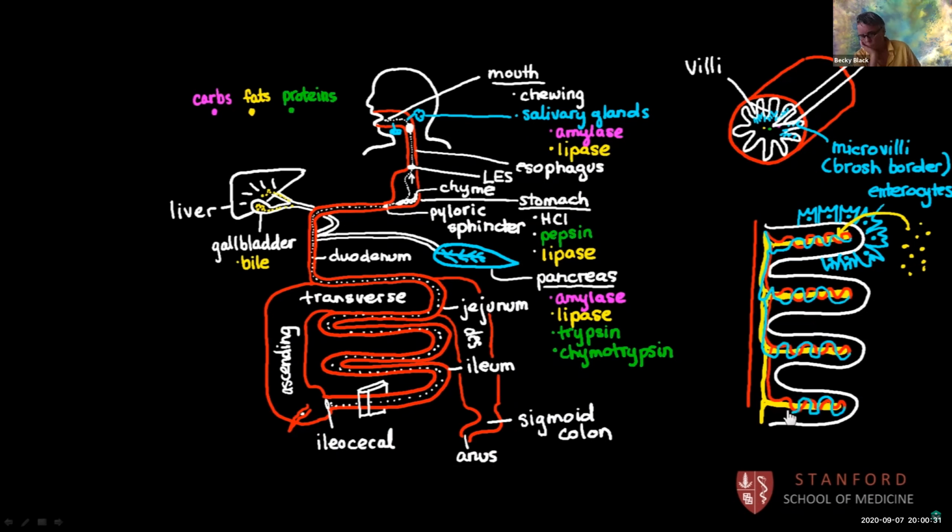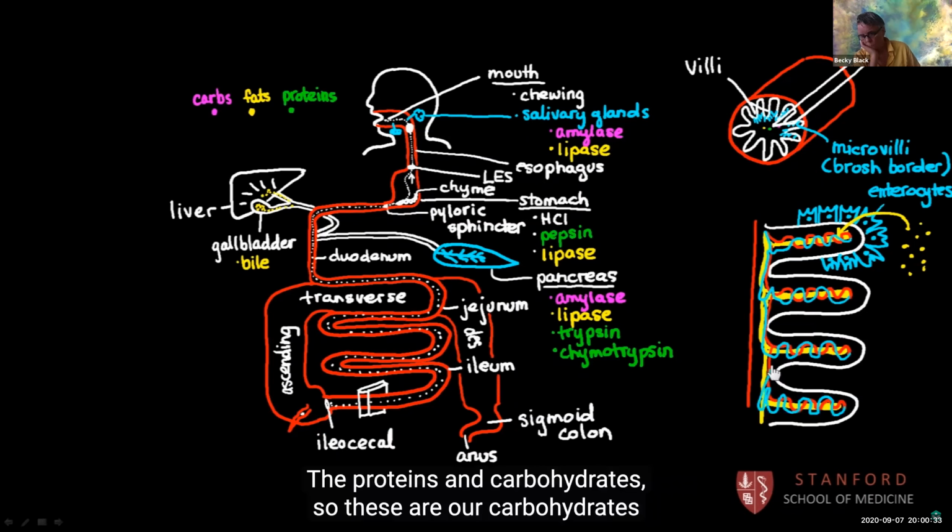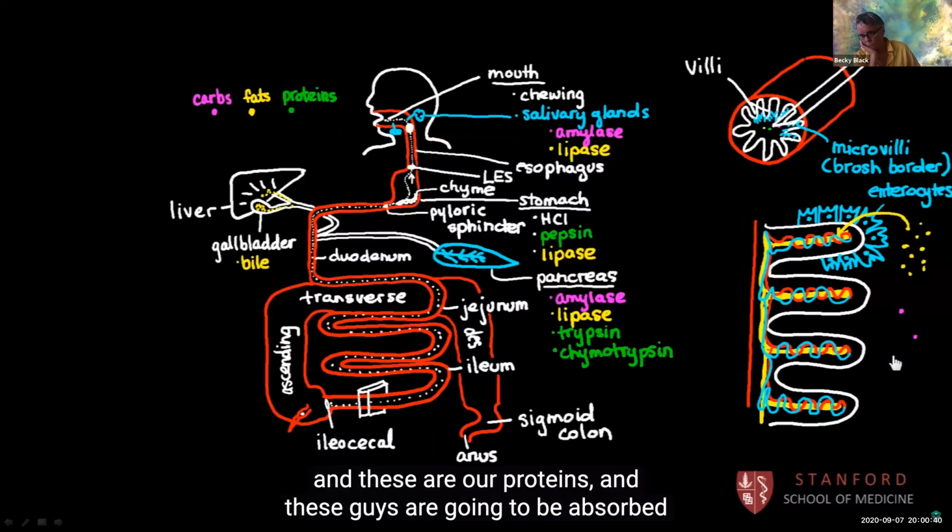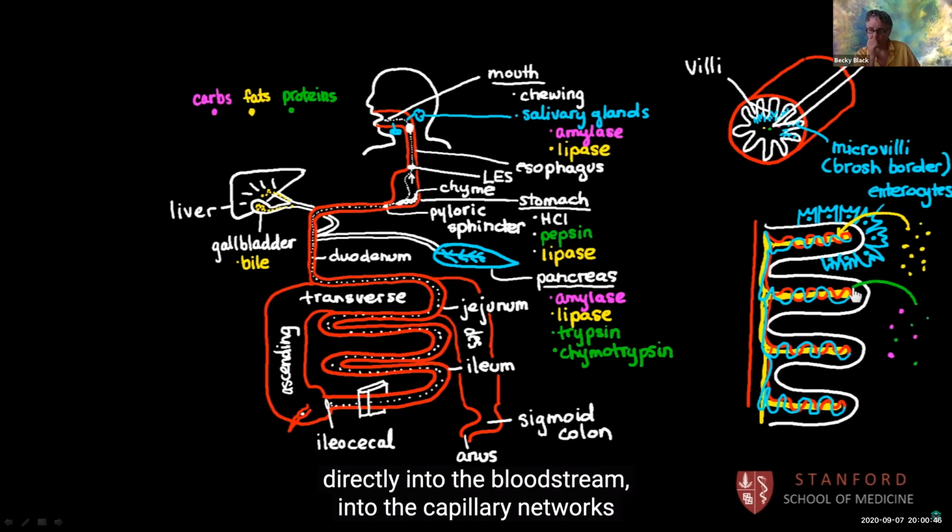So the proteins and carbohydrates, these are our carbohydrates, and these are our proteins, are going to be absorbed directly into the bloodstream, into the capillary networks that sort of surround these central lacteals. There are our carbohydrates going in.